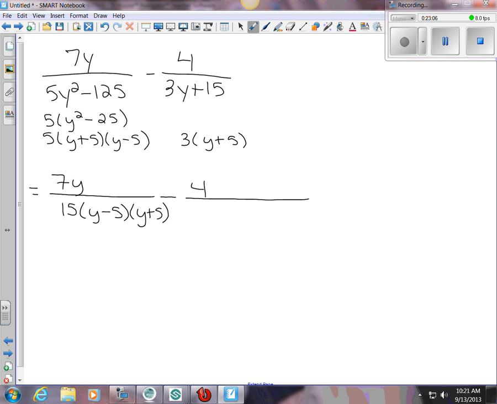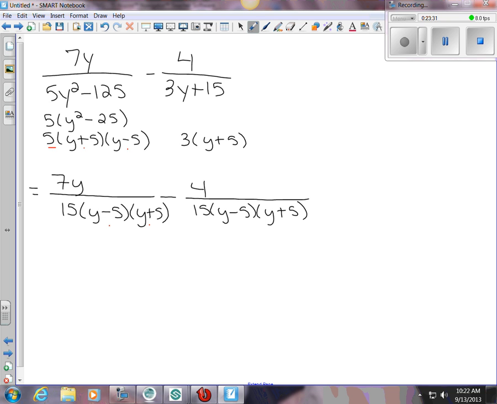Good. So here comes the part where we decide what's new. In this one, we have the y plus 5 and the y minus 5.